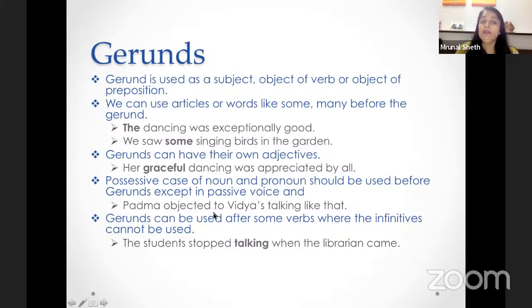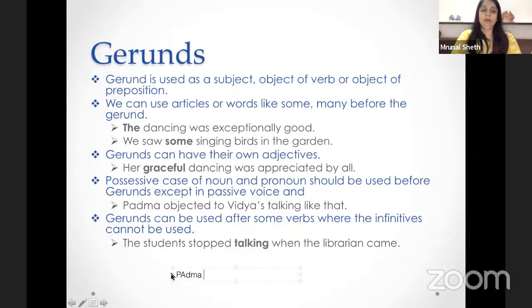So, Padma objected to Vidya's talking like that. Now, I'm just going to type in another sentence here. Okay, you can see it over here. Padma objected to Vidya talking like that.